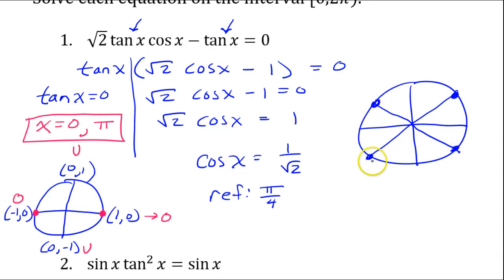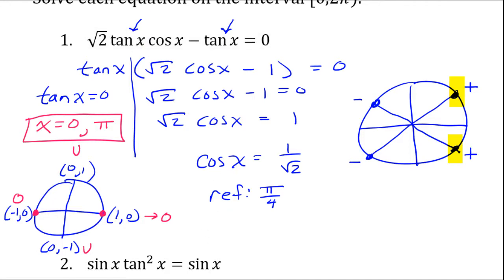The cosine of any of these will give me 1 over radical 2, except two of them will be positive, here and here, and two of them will be negative, because cosine is an x value, and x values are negative to the left, positive to the right. In this particular case, I want positive 1 over radical 2. So these two angles will be solutions.